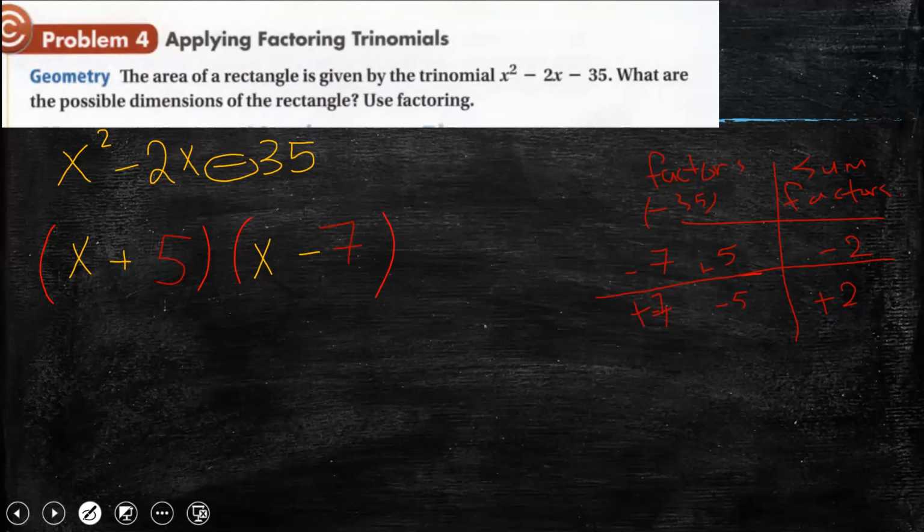Later on, when you become familiar with factorizing, you will not need to draw and fill the table. You just tell yourself, I know that. If you want to look at it, you can; if you don't want to, it's up to you. You can put 2 brackets and then the 2 x's. We have one negative and one positive. Then you ask yourself, 35 is 7 times 5, is it right?